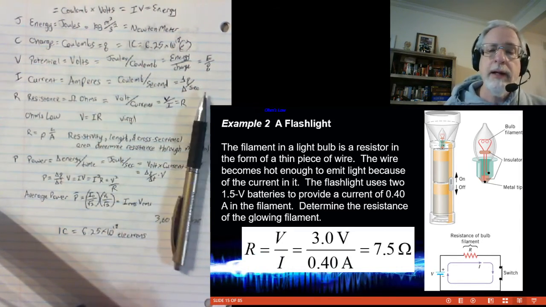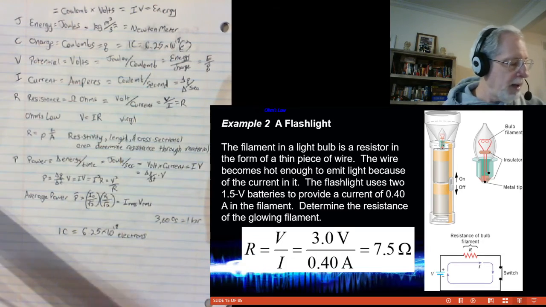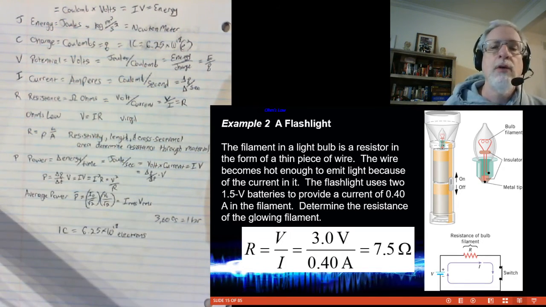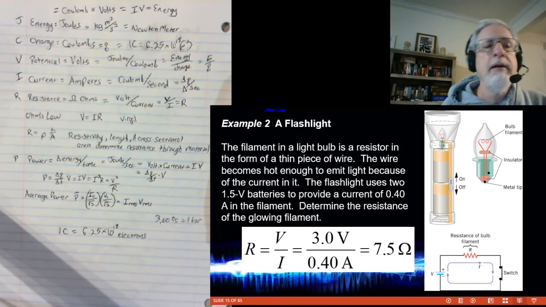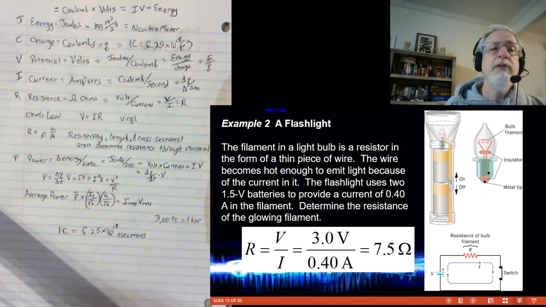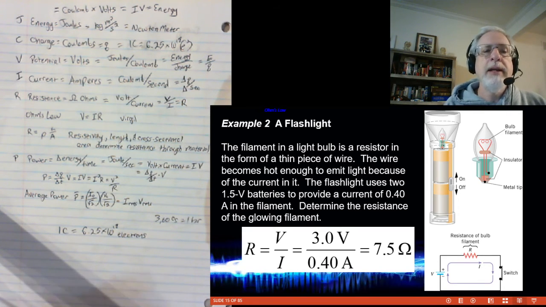So let me do an example here, and then I'll probably pause this video and come back talking about resistivity and power, because I told you it's going to be at least 4 videos for this. The filament in a light bulb is a resistor in the form of a thin piece of wire. The wire becomes hot enough to emit light because of the current in it.